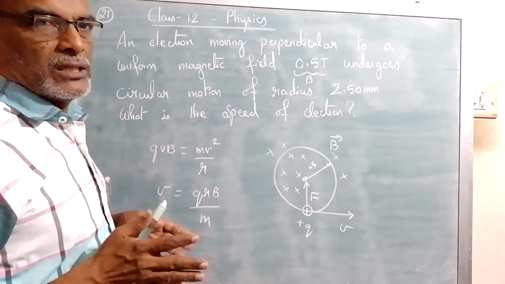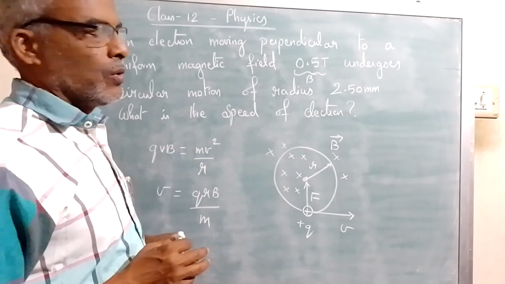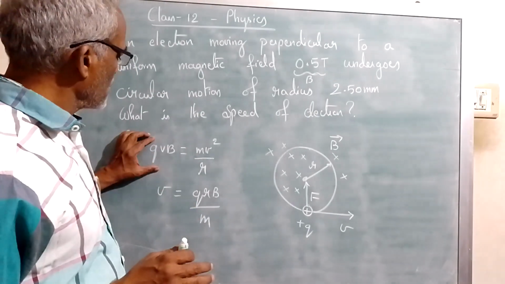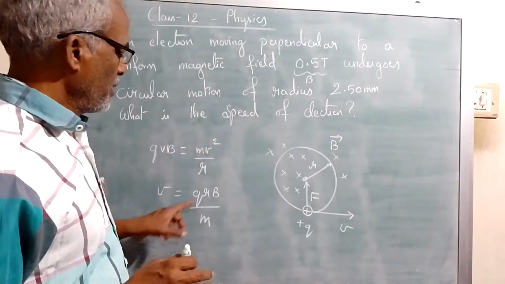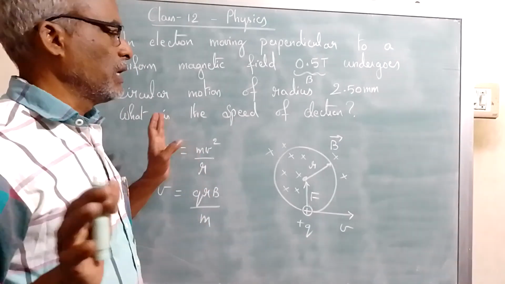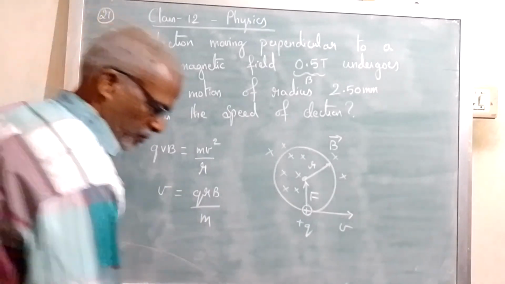We are considering the magnitude, that's why I have written QVB. Now you know the value for the charge of the electron. B is given already, radius is given, mass of the electron we know. All the values we know, we just have to substitute and find the answer.